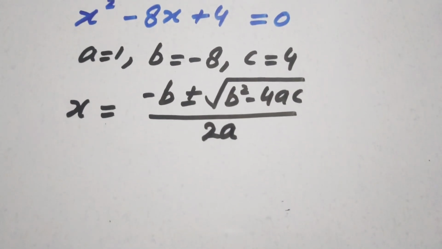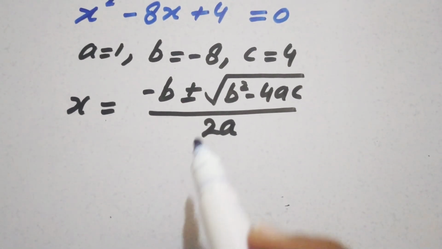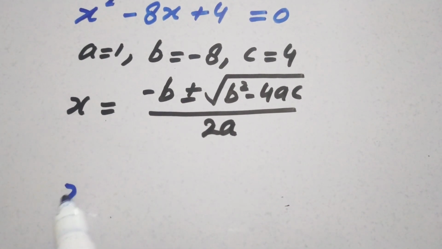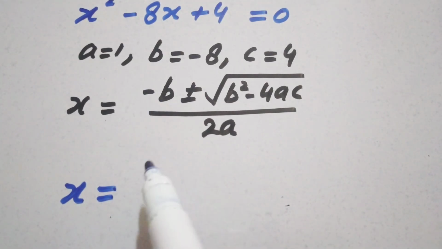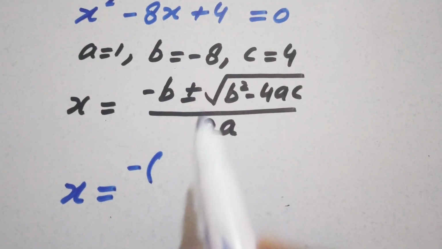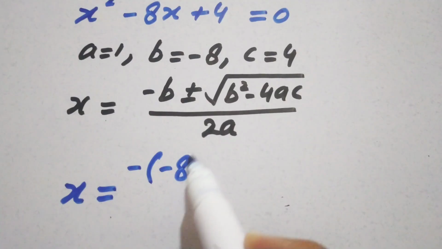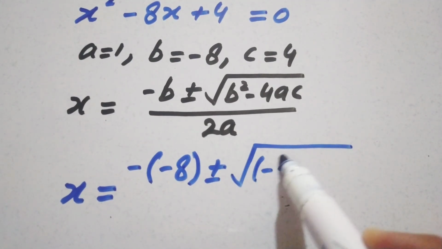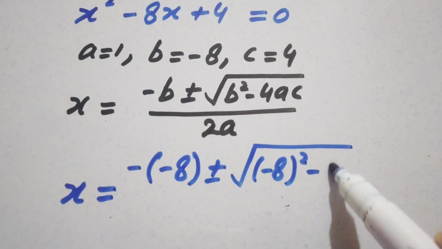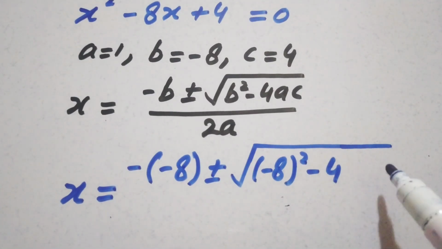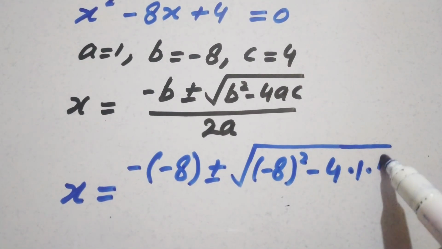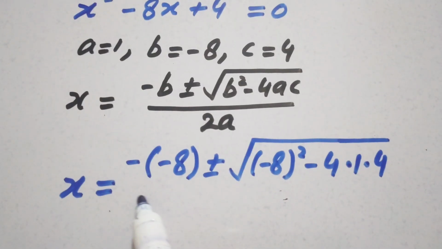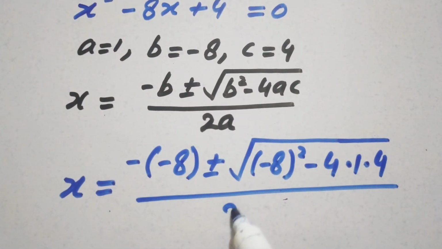So now using the values of a, b and c in this quadratic formula, x is equal to minus b, this minus into b is minus 8, plus minus square root of b squared means minus 8 squared, minus 4 multiplied by a which is 1 and multiplied by c which is 4, divided by 2 multiplied by a which is 1.